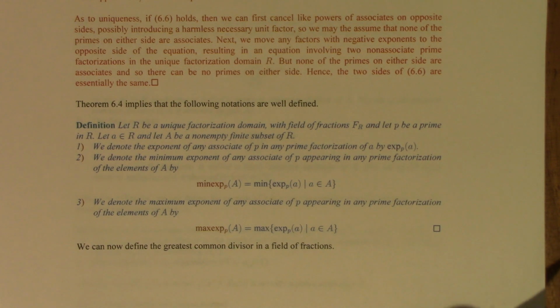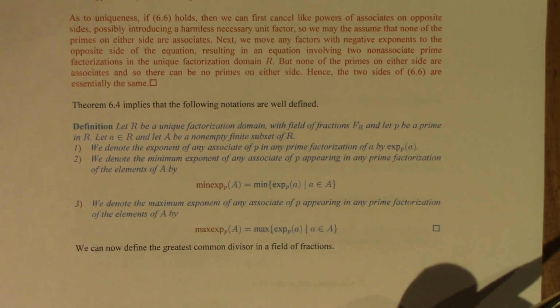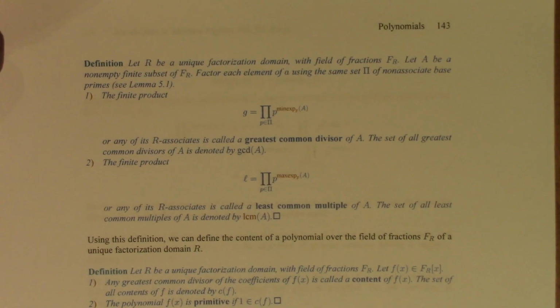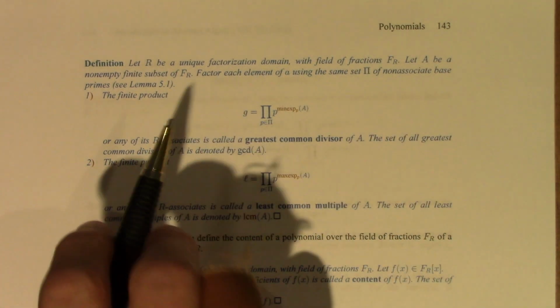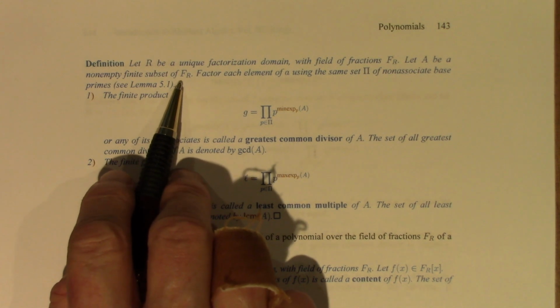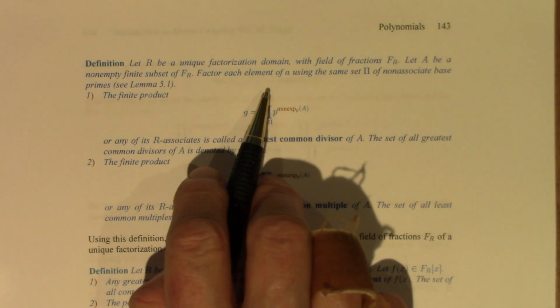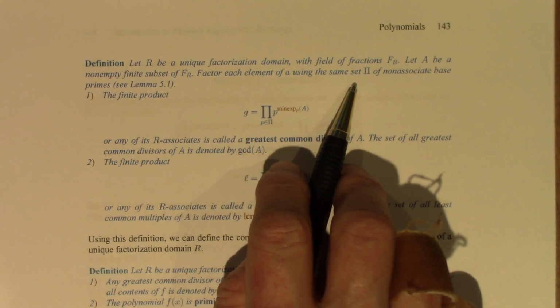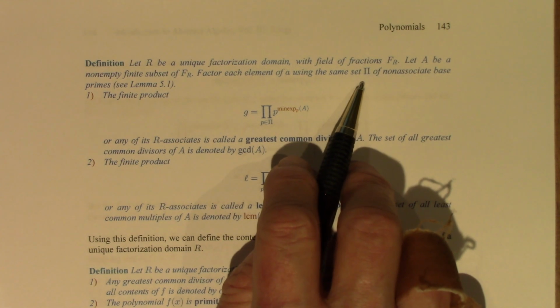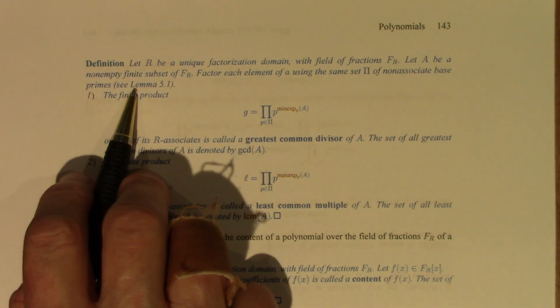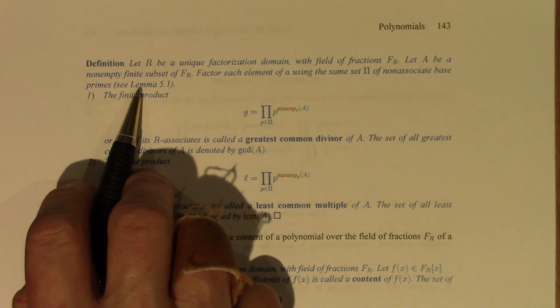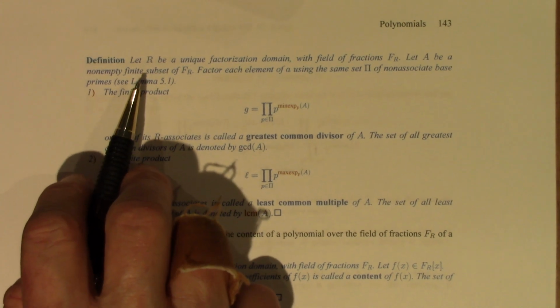Now we can define the greatest common divisor in a field of fractions. Let R be a unique factorization domain. Let A be a finite non-empty subset of F sub R. Factor each element little a in the set A using the same set capital pi of non-associate base primes. That we can do because of Lemma 5.1, or an extension thereof for more than two elements.